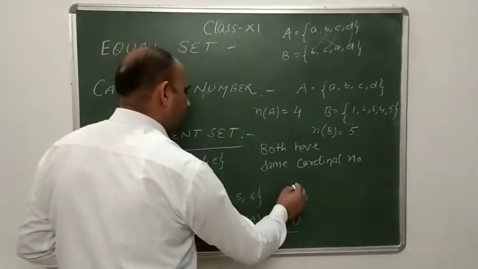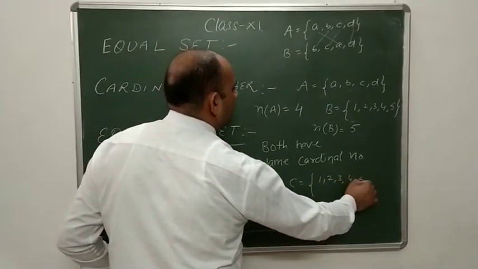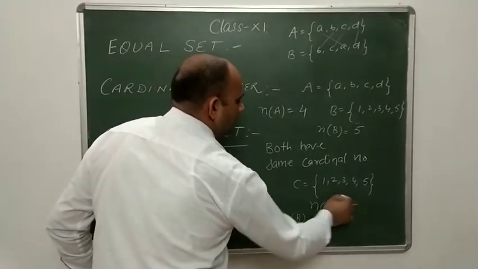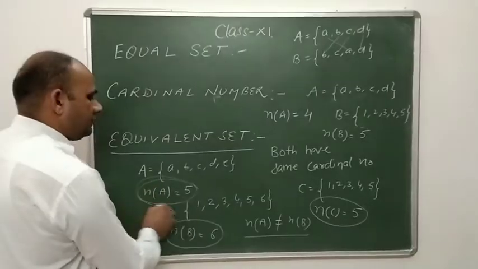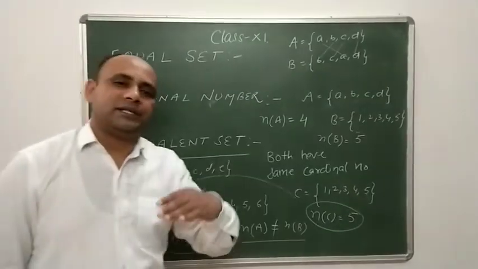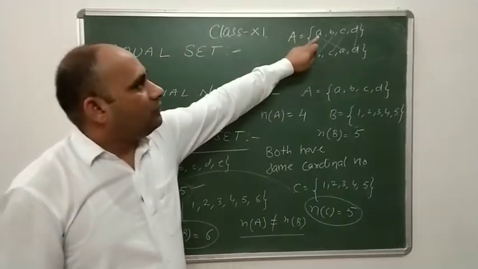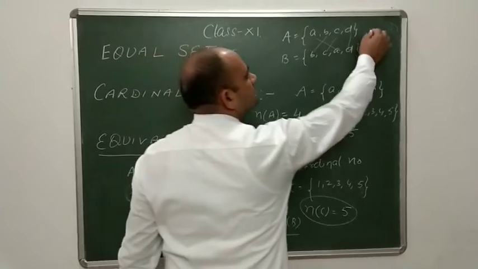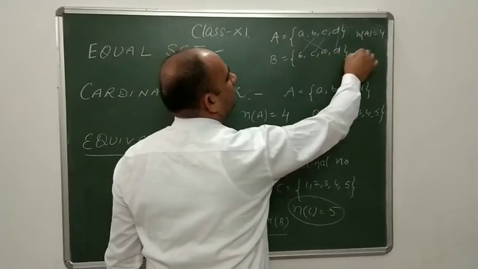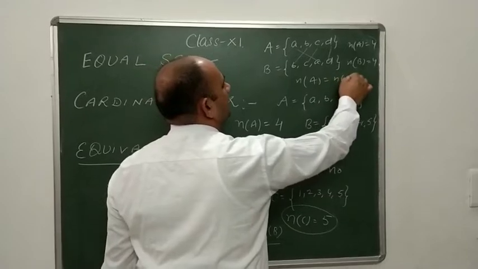If I write set C, in which 1, 2, 3, 4, 5, then n(C) is 5. So n(C) is 5 and n(A) is 5. It means set A and set C are equivalent. Here A may have 1, 2, 3, 4 and B also has 1, 2, 3, 4. n(A) is equal to n(B).